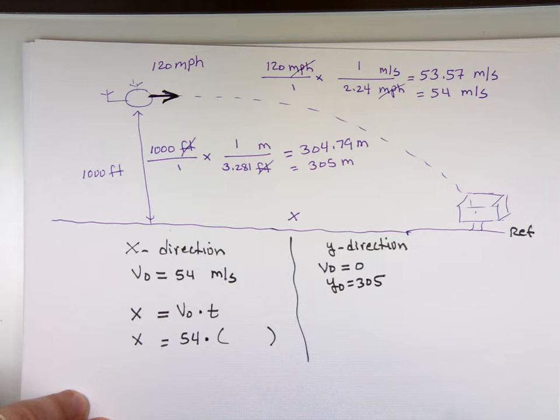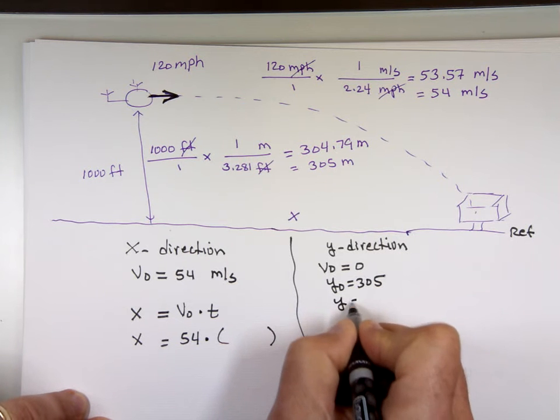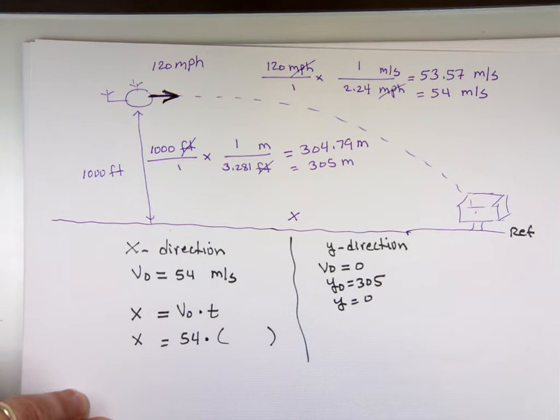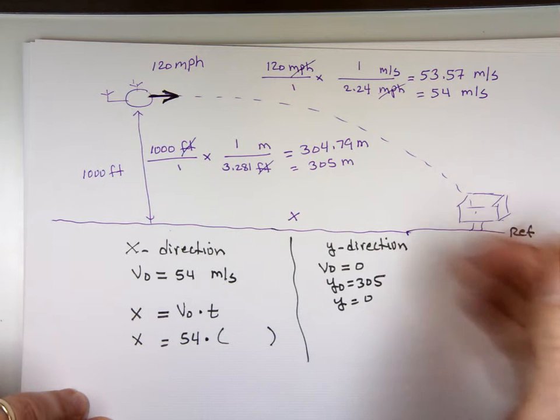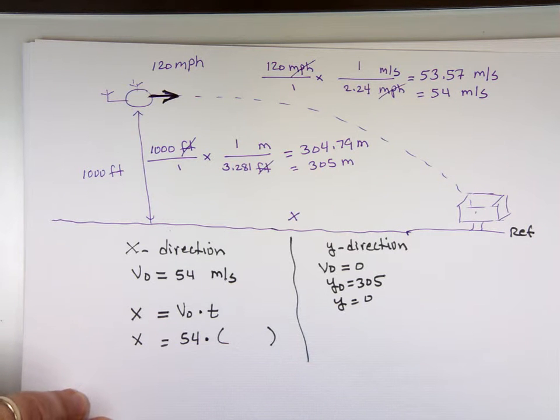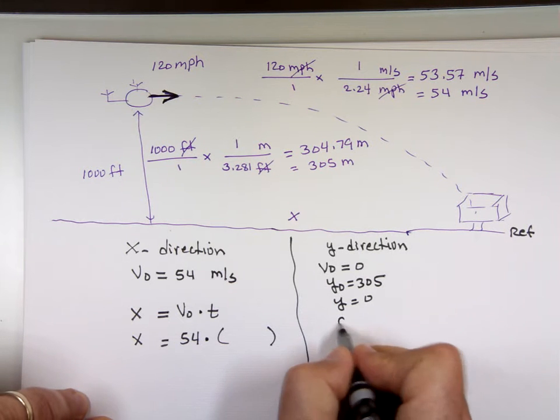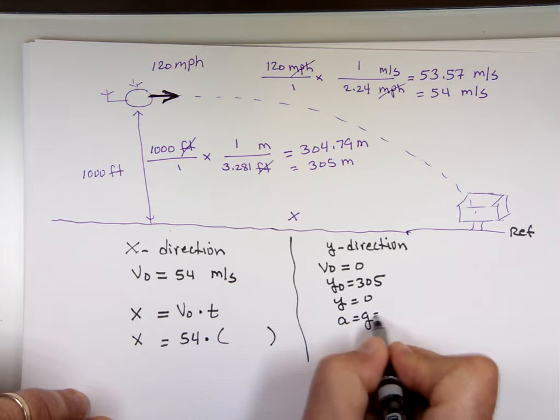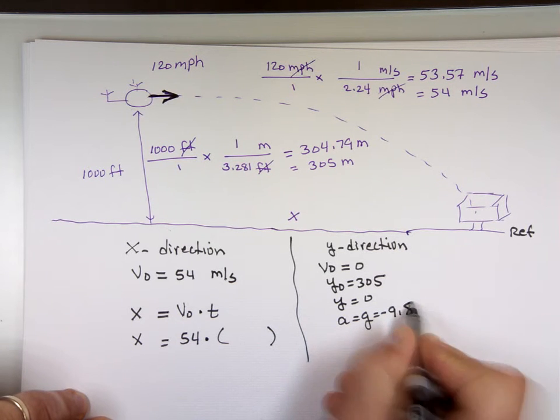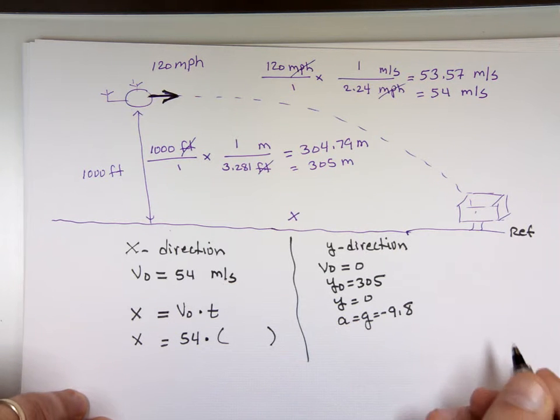The final height is 0. It's going to hit next to the house. Otherwise, I got to calculate how high the house is above the water. I know the acceleration equals gravity, which is negative 9.8. And I'm looking for the time.